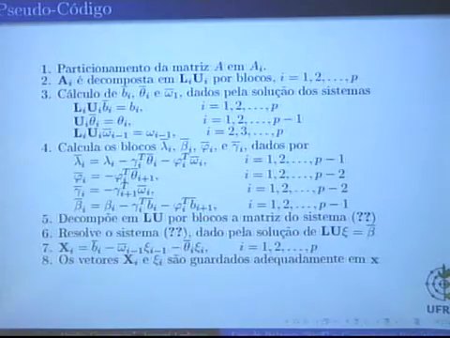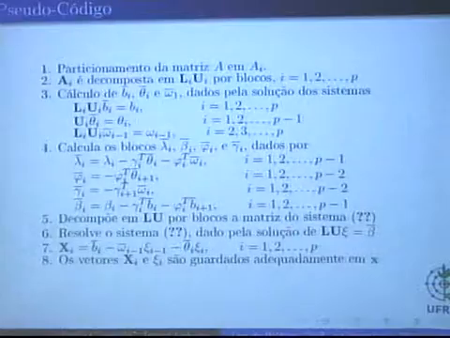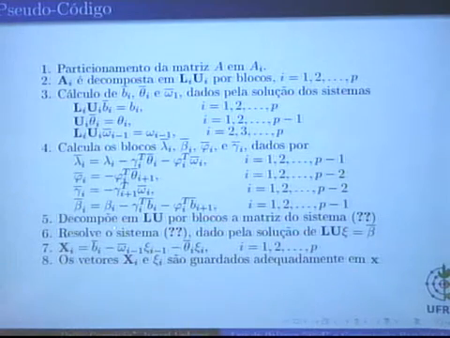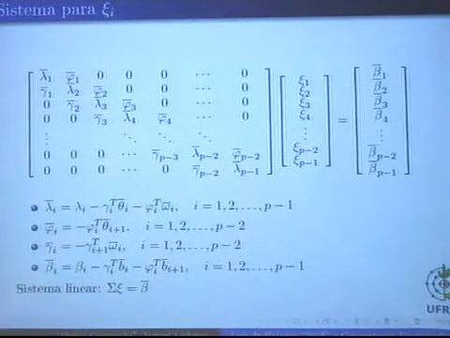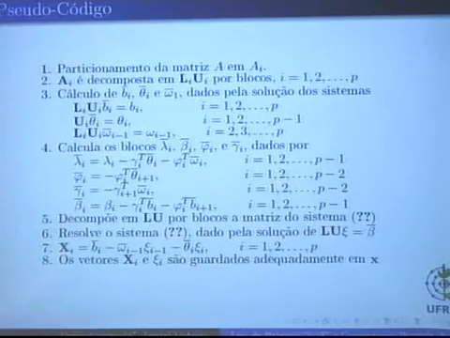I forgot to mention this equation here, but the system in psi can be solved here. This is easier to solve and fast. Then you can recover xi in parallel also. After solving psi here, you can solve this in parallel.